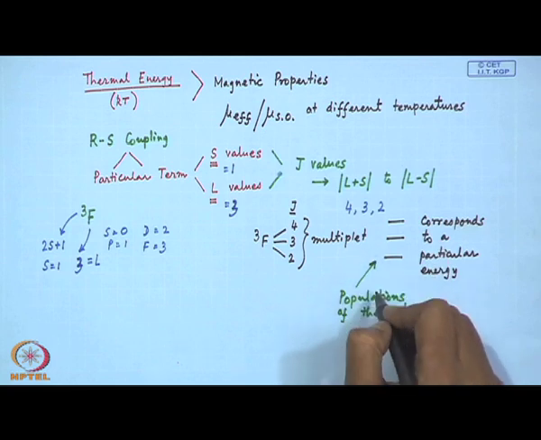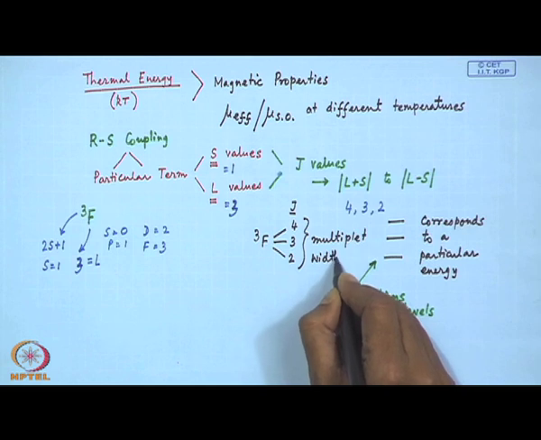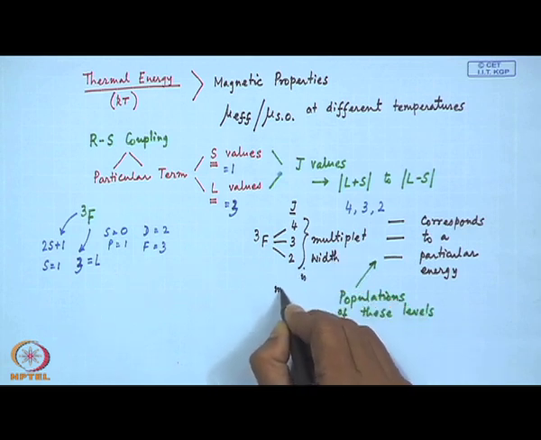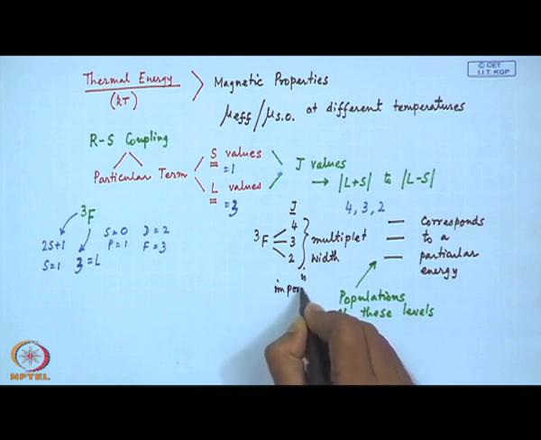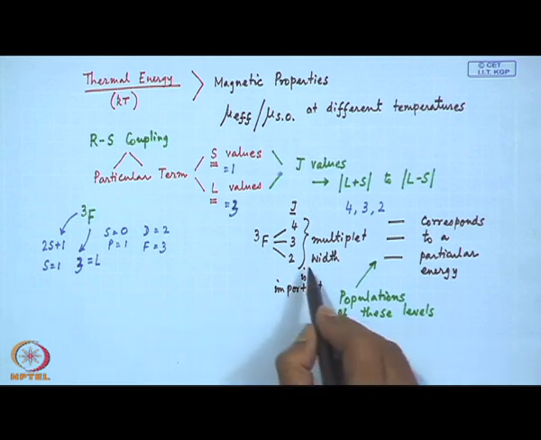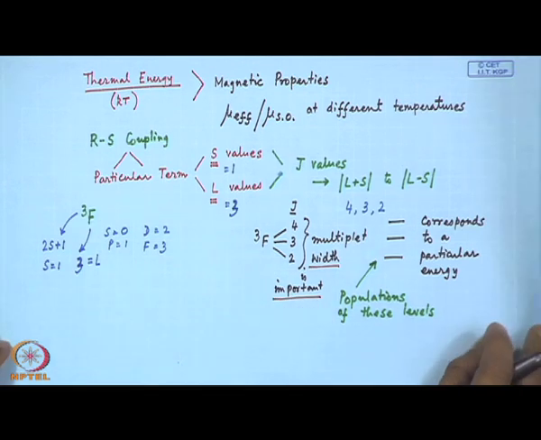So, the multiplet width is important. We will see how this multiplet width controls the magnetic moment and what formula we can use to determine it.